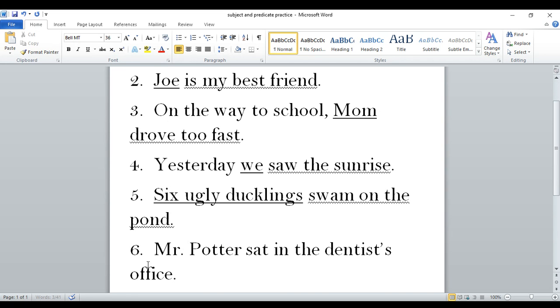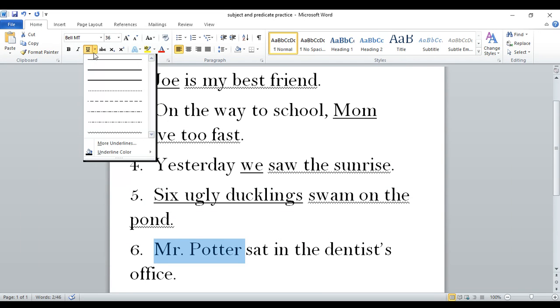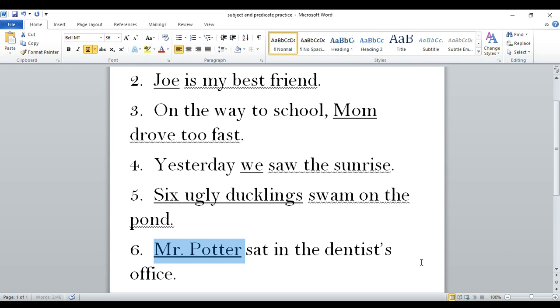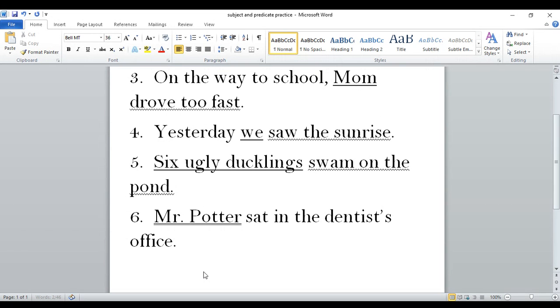And I am going to underline this part, I'm going to use 2 lines to underline it, and ask you what has been underlined. Is that the subject or the predicate? I hope you said it's the subject, because who or what is this sentence about? It's about Mr. Potter.